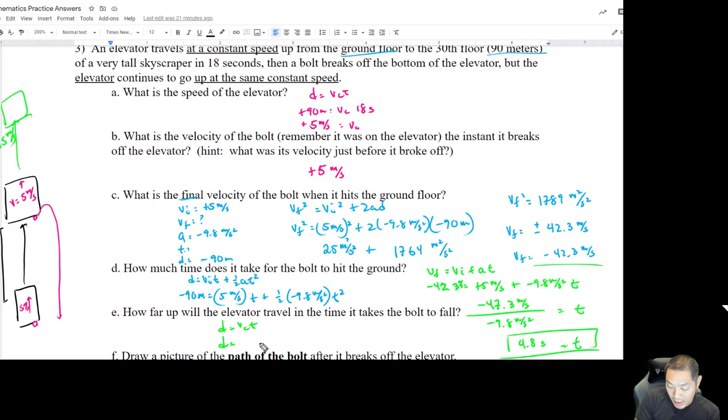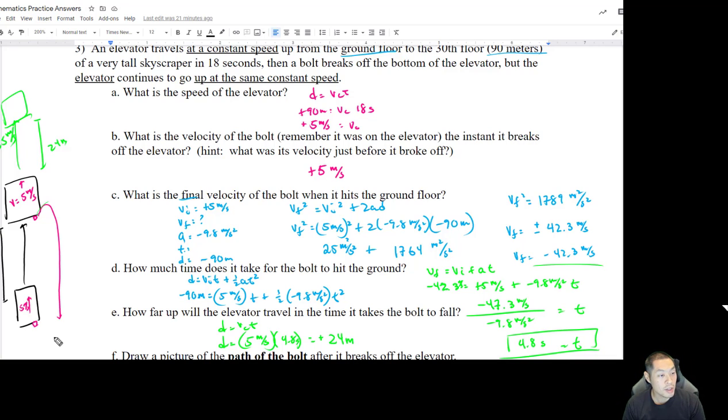Now we want to know d. It's still moving at 5 meters per second. The new time that we added was 4.8 seconds. So it traveled another 24 meters positive. The bolt goes up, falls back down, and that's kind of our final picture.